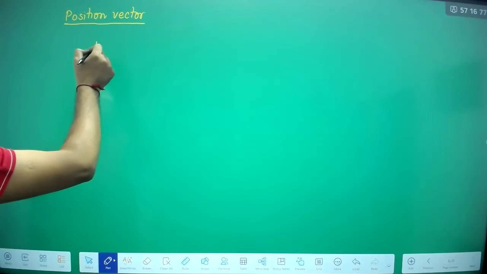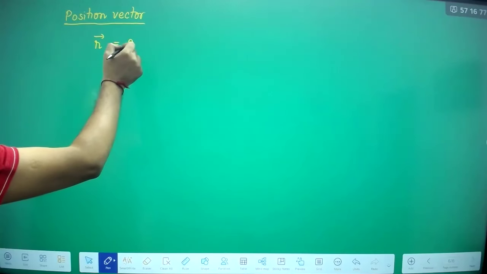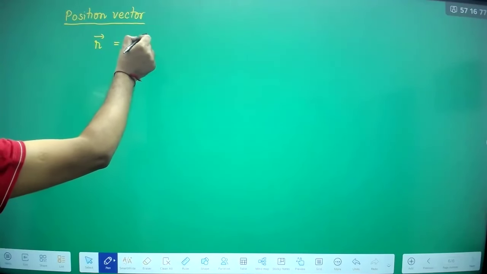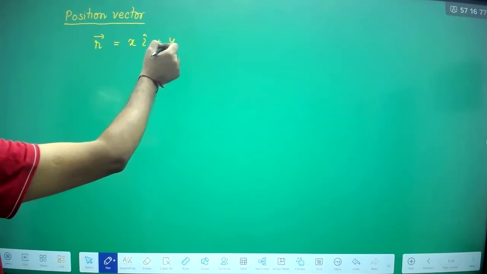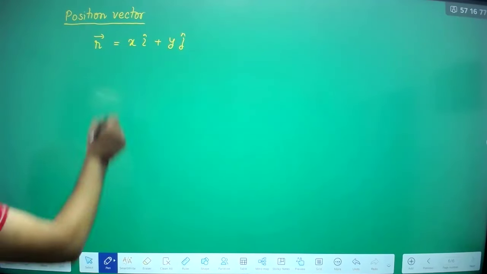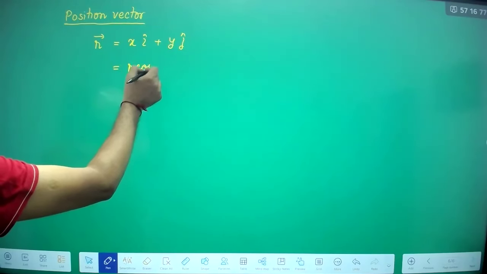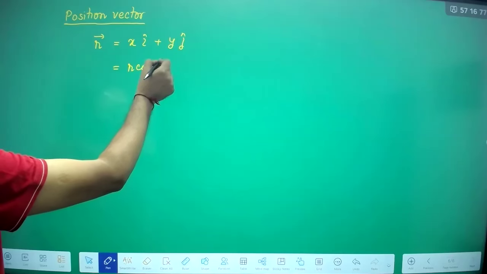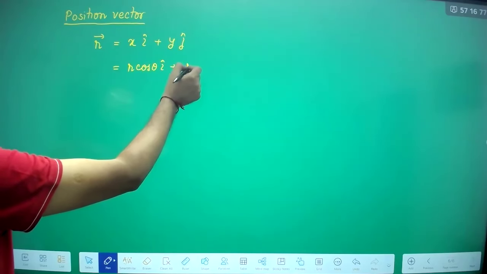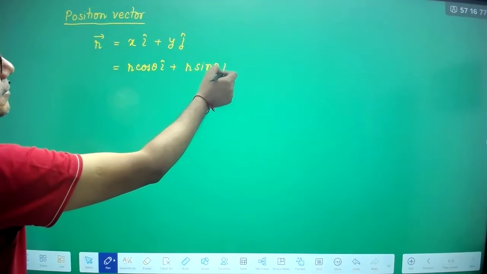Position vector is r vector. How are you defining position vector? R vector is x I cap plus y j cap. Now x is r cos theta I cap plus r sin theta j cap.